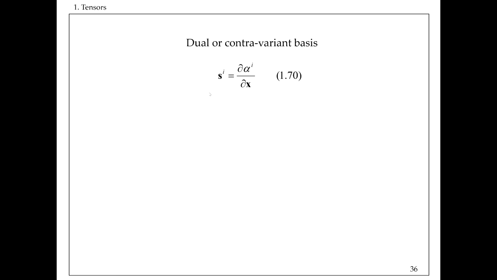Now, what we will need again, just to remind what our alpha is, is still the same for the cylindrical coordinate system. So we have r, phi, and z for alpha 1, 2, and 3. And now we will need to take the derivative of alpha with respect to x.